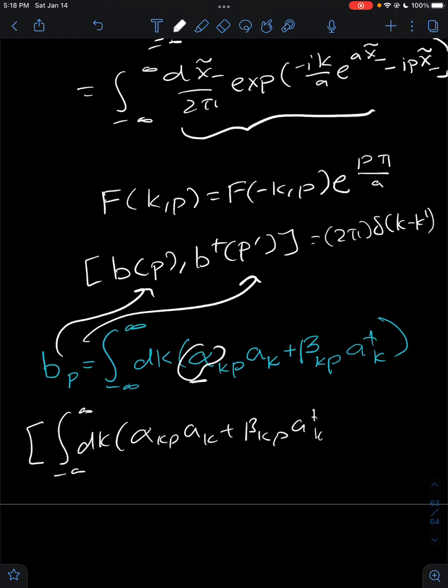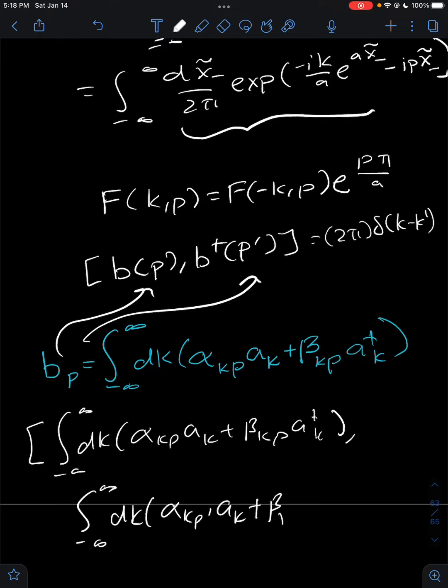I know it kind of looks like an A. I think in my last video I used a different letter, I think I used gamma instead, but we're going to use alpha for today's video. So now we'd have this commutator with this over here. So now we're going to have alpha k prime p prime a k plus beta k p prime a conjugate k.